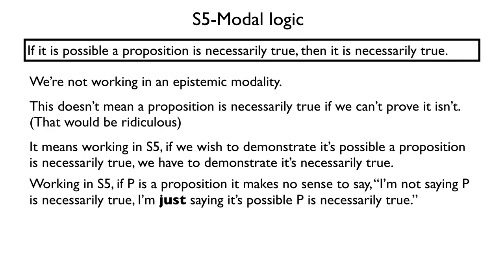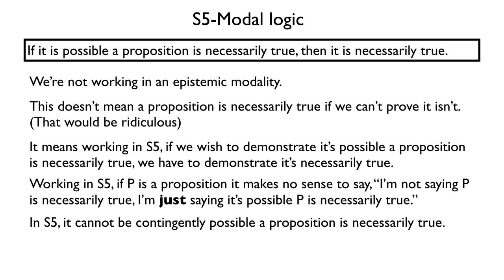There's no such thing as just saying it's possible P is necessarily true. If we say it's possible P is necessarily true, we are saying P is necessarily true. In S5, it cannot be contingently possible that a proposition is necessarily true.